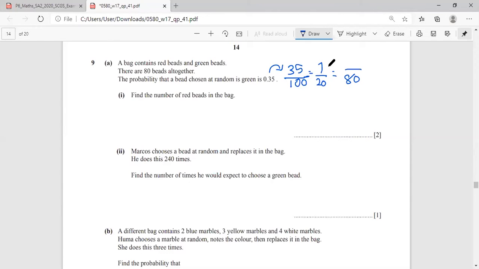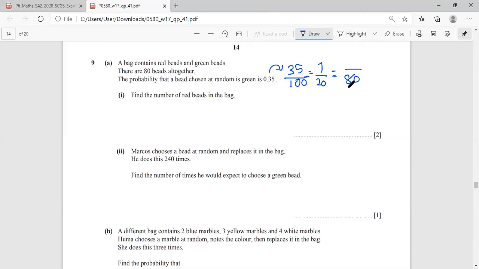So 7 over 20 is equal to our question here, 80 bits in total. Now, the denominator has become 20. That means I have a total of 20 bits. If I have a total of 20 bits, there are 7 of them which are green.